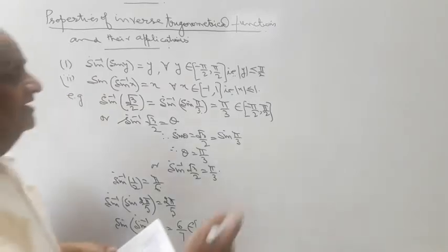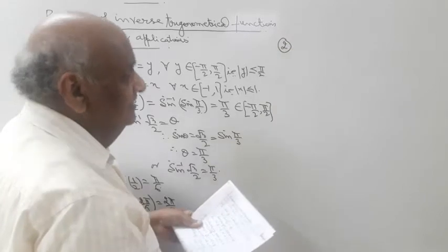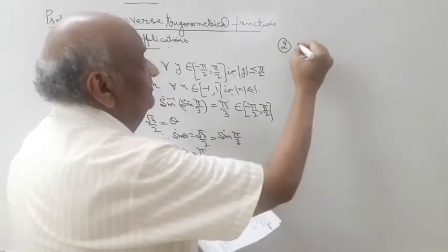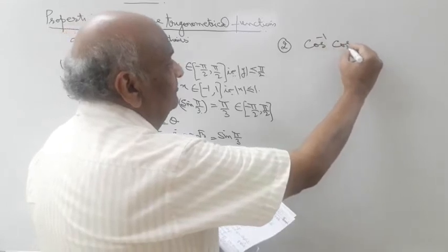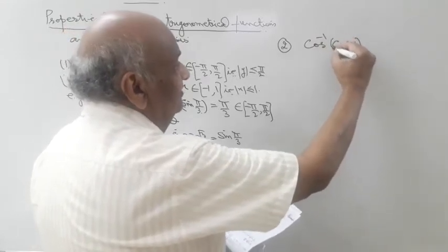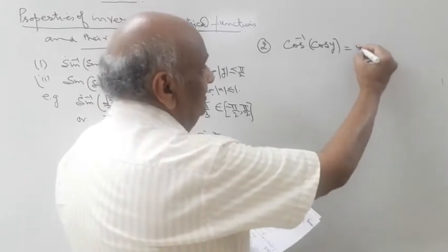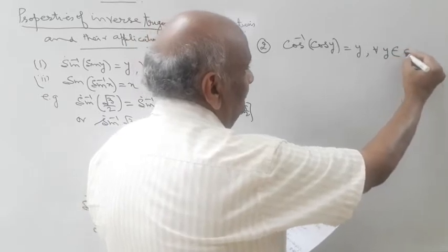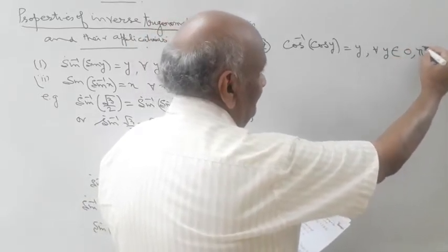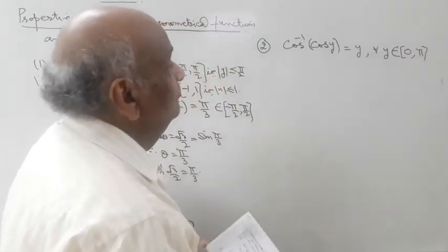Now the second property. After sine inverse we have cos inverse of cos y. Cos inverse of cos y is equal to y, for every y belonging to 0 to pi closed interval, the principal value branch.